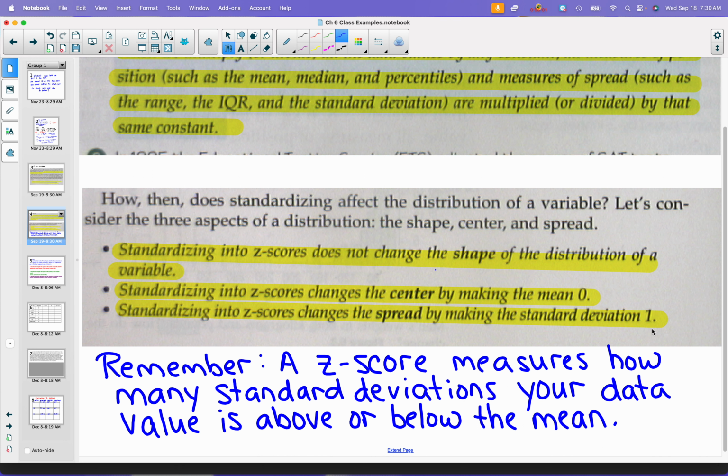And that's what allows us to compare different distributions that have different means and standard deviations. And then a little reminder here before I do some examples, a z-score measures how many standard deviations your data value is above or below the mean, like I did on the ACT and the SAT problem.